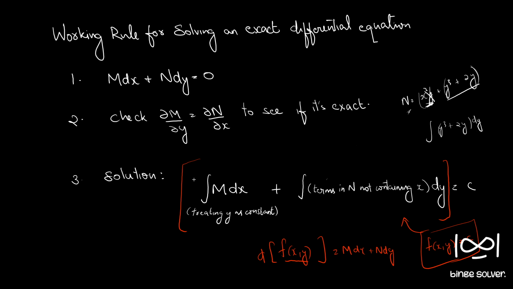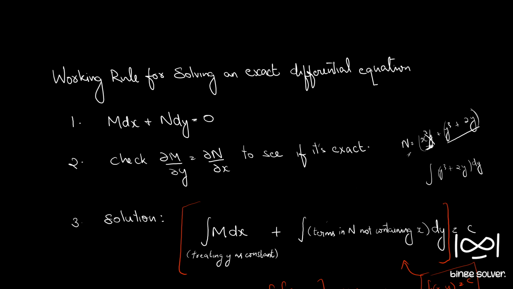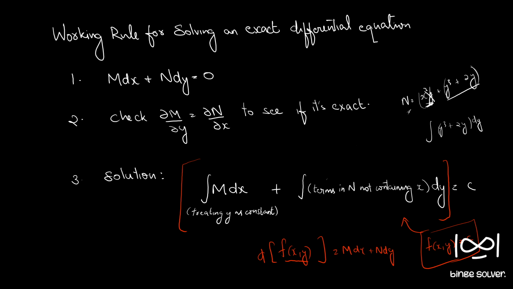This is the solution to any exact differential equation. The question will be asking for solutions. So first we check whether it is exact and write the solution as this. If all this is too overwhelming or confusing, just start solving problems based on this concept and you will have a better understanding and clarity on how to solve such problems.